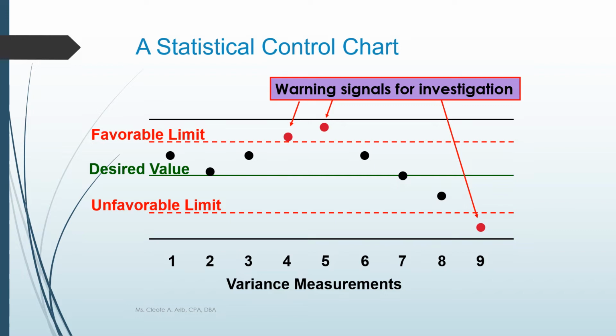And then we can have a policy of plus 500, minus 500. What does plus 500, minus 500 mean? Plus 500 means up to a 500 favorable limit and minus 500 means up to a 500 unfavorable limit. So if your variance goes beyond 500, regardless of whether favorable or unfavorable, you need to investigate it.